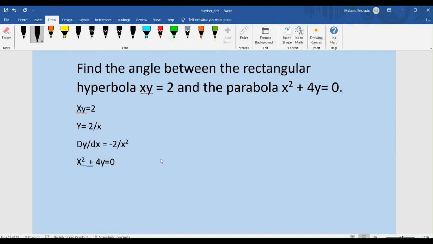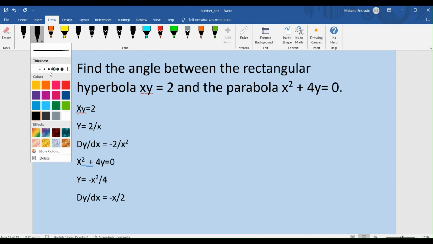And then I have y equals, rewriting this equation, minus x squared divided by 4. I do dy by dx again. I get d by dx of minus x squared, which is minus 2x by 4. You can factor this further and you arrive at minus x by 2.